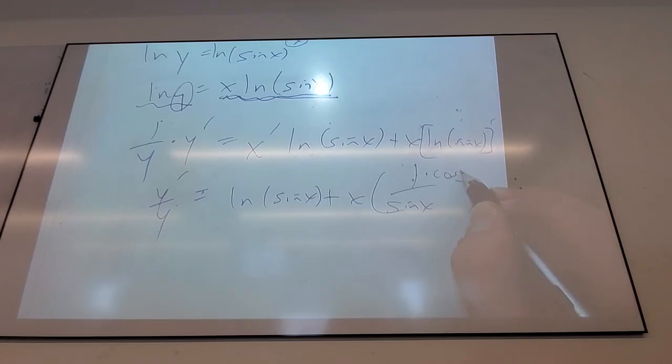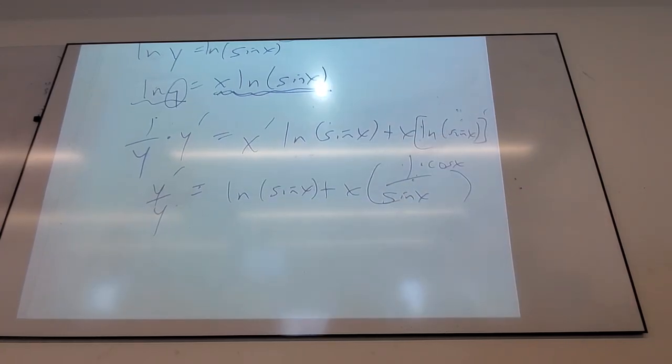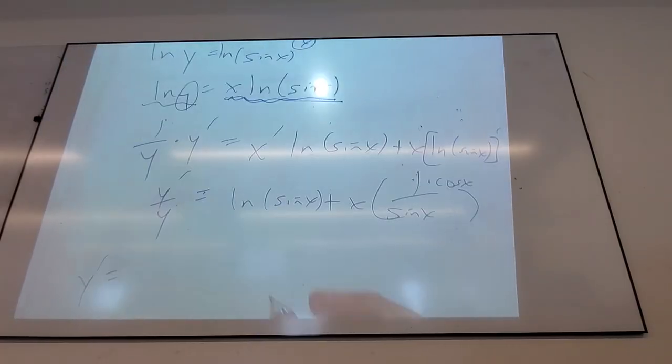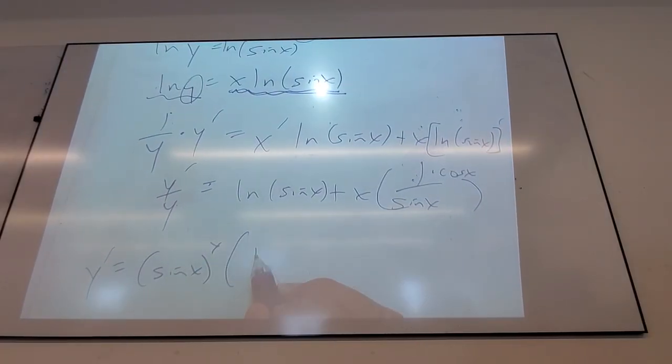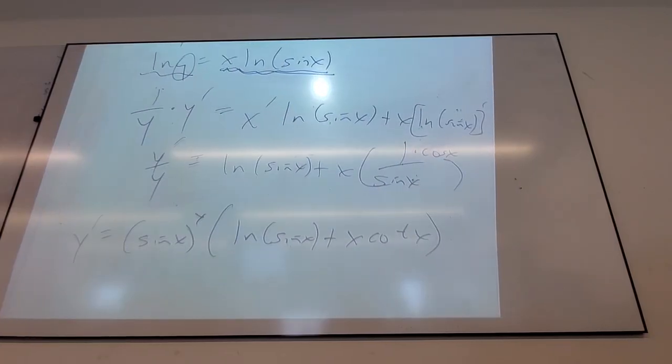Cosine. Okay. Right? So you multiply by y. Y was this here, right? Times ln of sine x plus, what is cosine over sine? Cotangent. There, done.